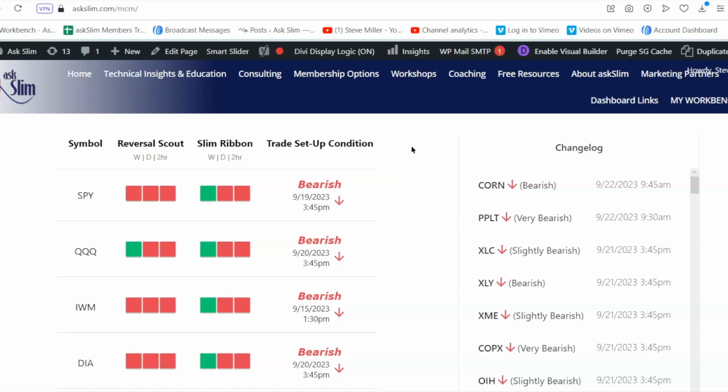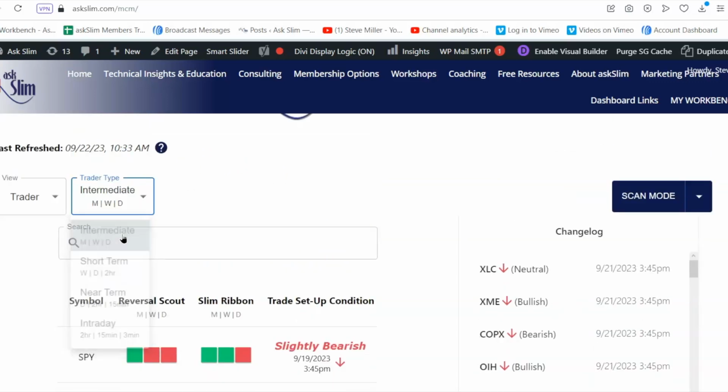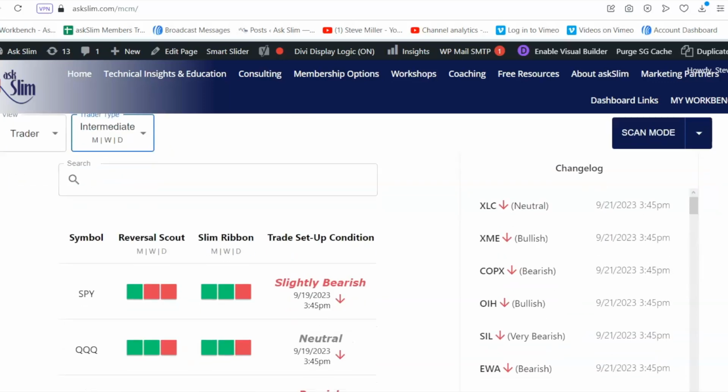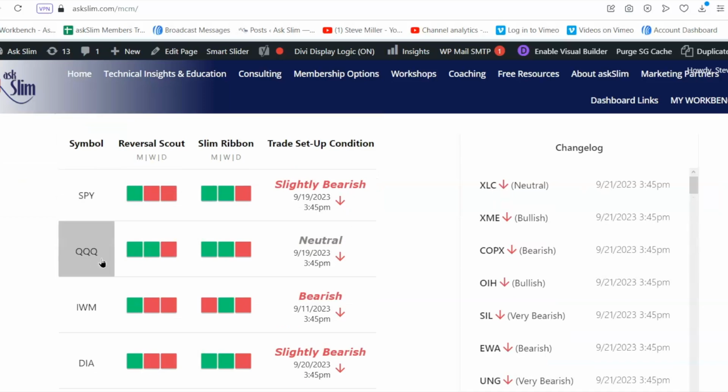We have more than 115 of the widely held stocks and ETFs in this great app that you can see here. So if I take a look from short term to intermediate term, looking a little bit further out, you can see that these have turned to bearish to slightly bearish, though the QQQ, because it still has some positive readings on momentum and longer time frames, is neutral.